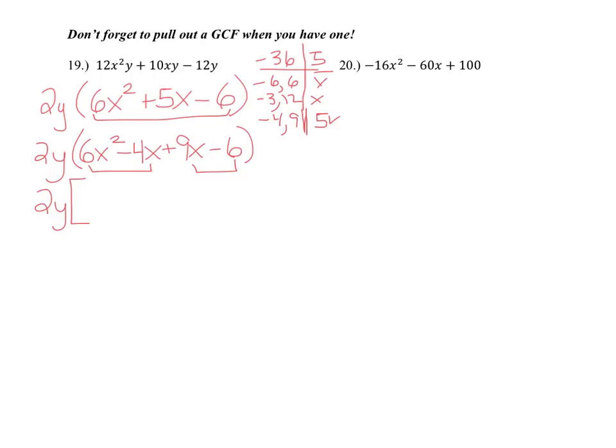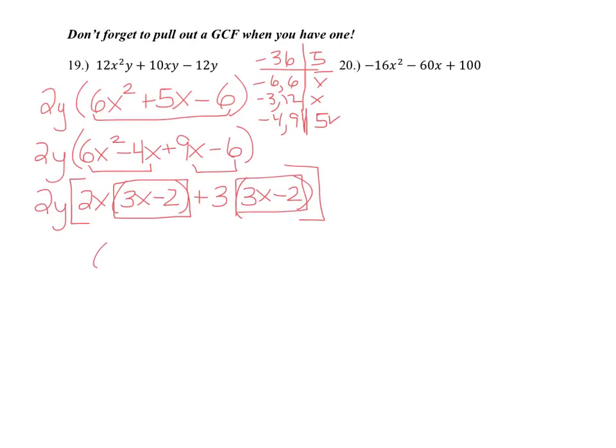And so I'm going to pull out now the GCF of the 6x squared minus 4x, which is 2x. I'm going to be left with 3x minus 2. And then I'm going to pull out the GCF of 9x minus 6, which is going to be 3. Divide both of those by 3. I'm going to get 3x minus 2. Close my brackets.